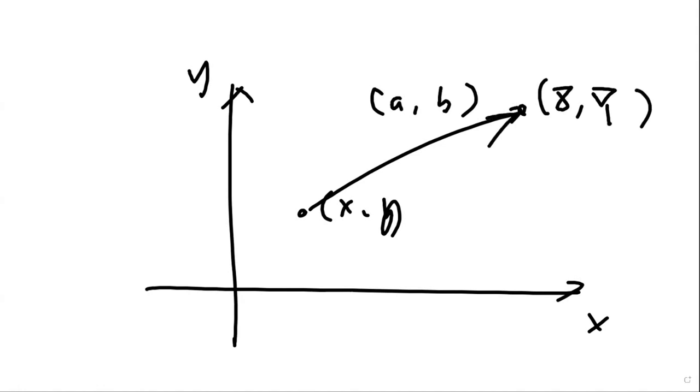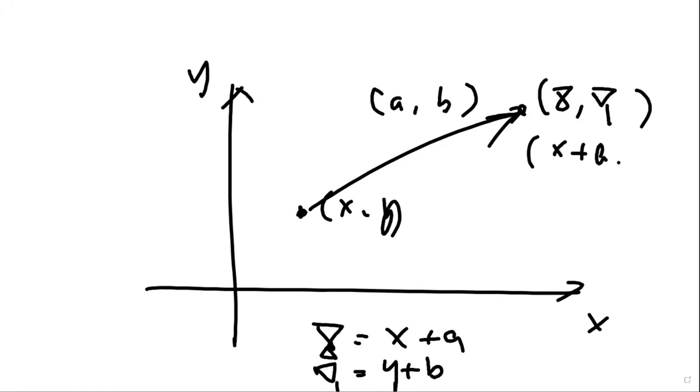If you have a vector like that, then big X equals x plus a, big Y equals y plus b. So this is pretty simple, x plus a, y plus b. This is the movement.